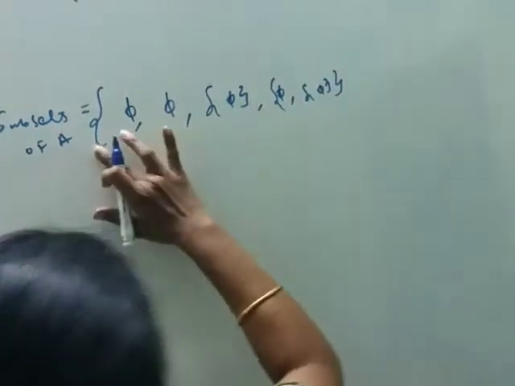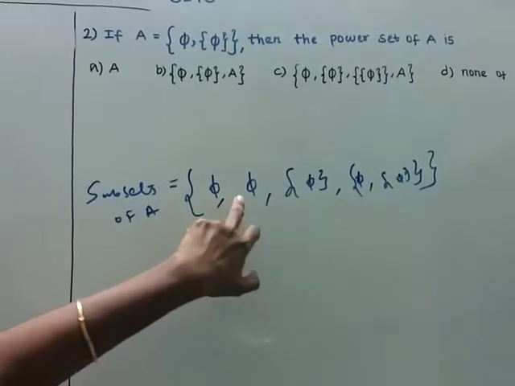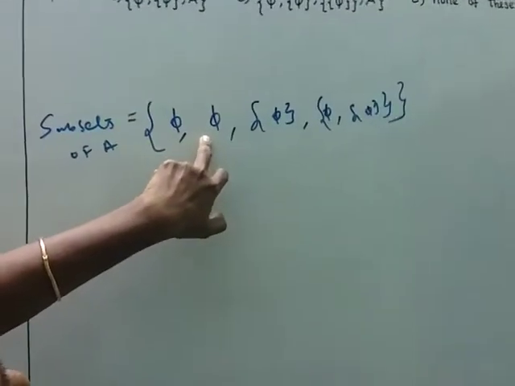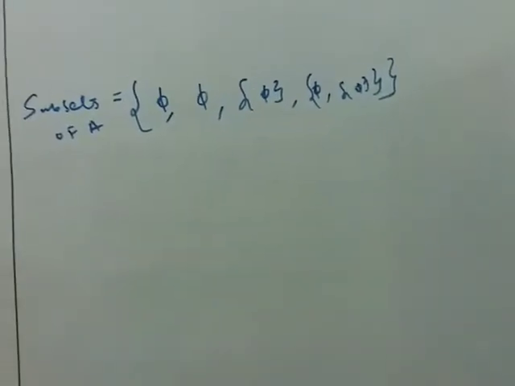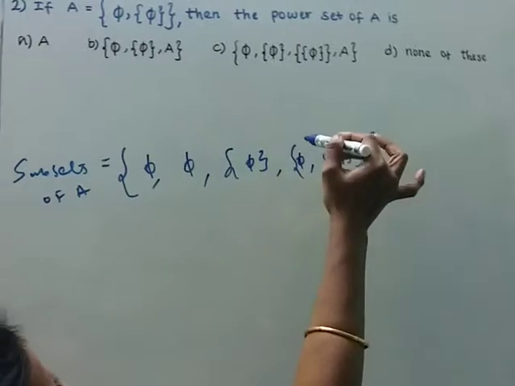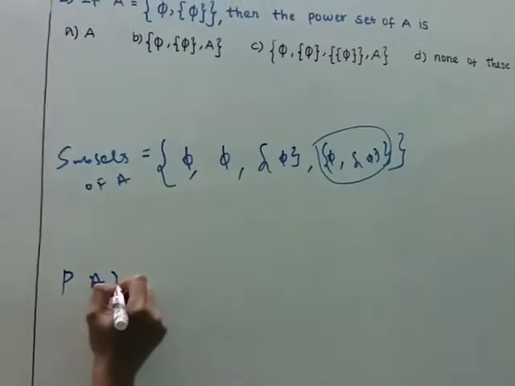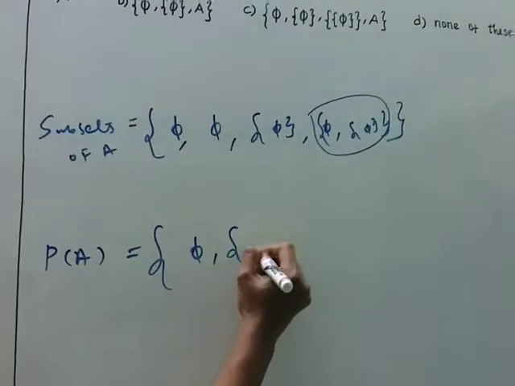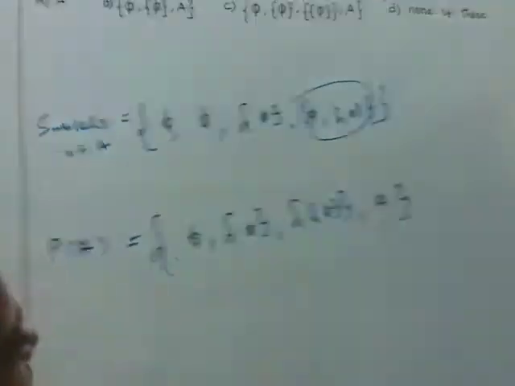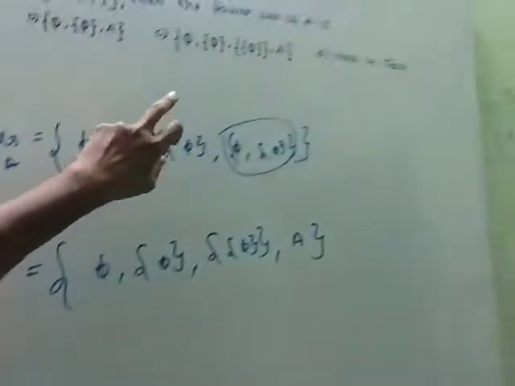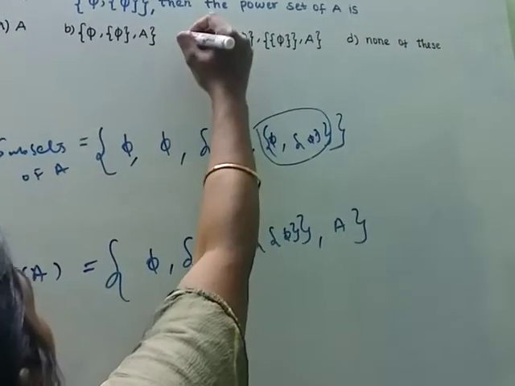Okay, so these are all the subsets of A. So here the empty set, then another set having the empty set, then the singleton set of the empty set, then you are having the empty set and A. So here we consider this the third choice, that is instead of writing the empty set comma the singleton empty set, you are writing A. So P of A is equal to the set containing the empty set, a set containing the empty set, and A. This is our answer. So here we are having 4 elements. So here choice C is the answer.